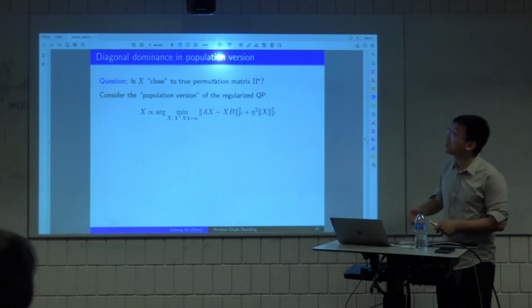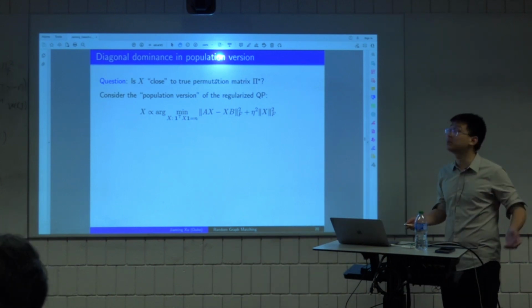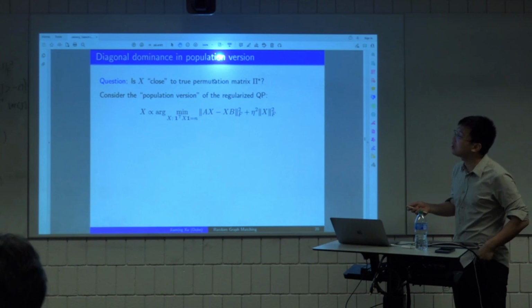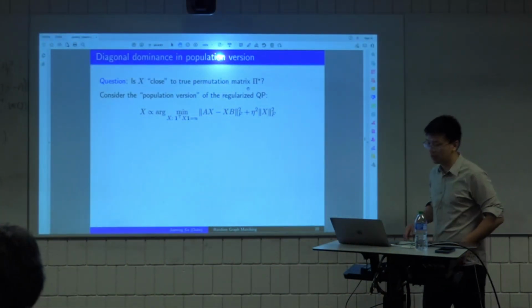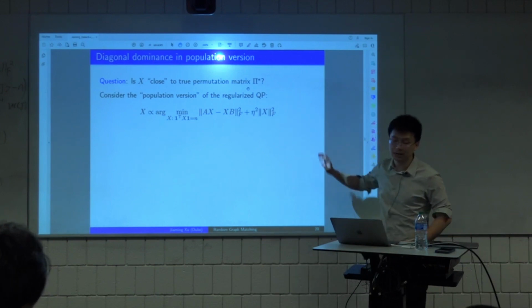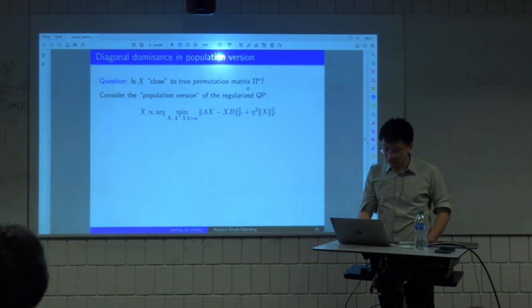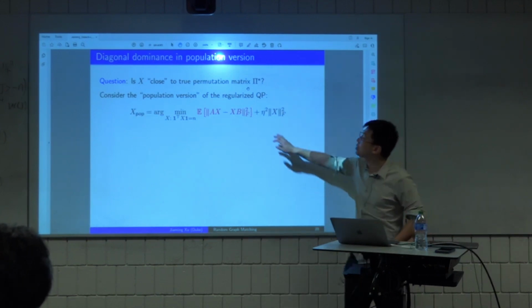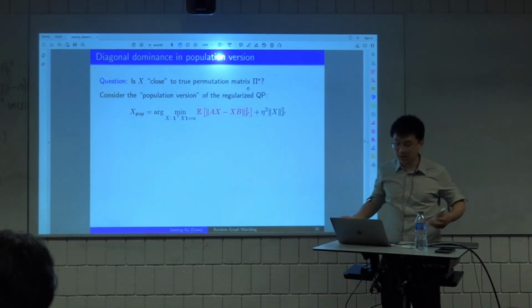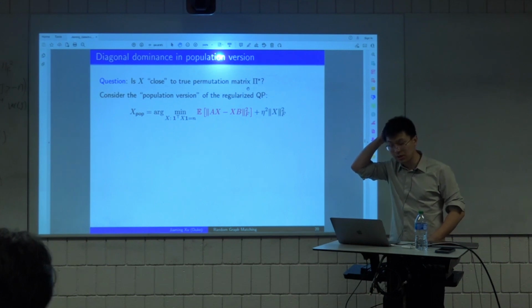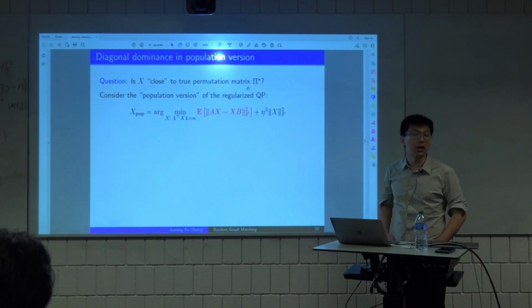To do that, a very common approach is to study the so-called population version of this objective function. This is the original regularized QP, and I can look at the expected value of this objective function, thinking of it as averaging out the noise in the problem.